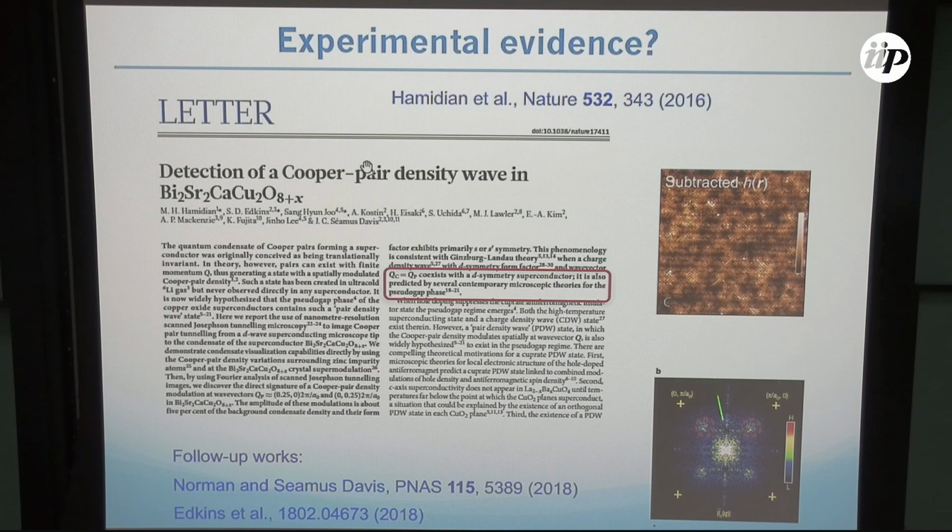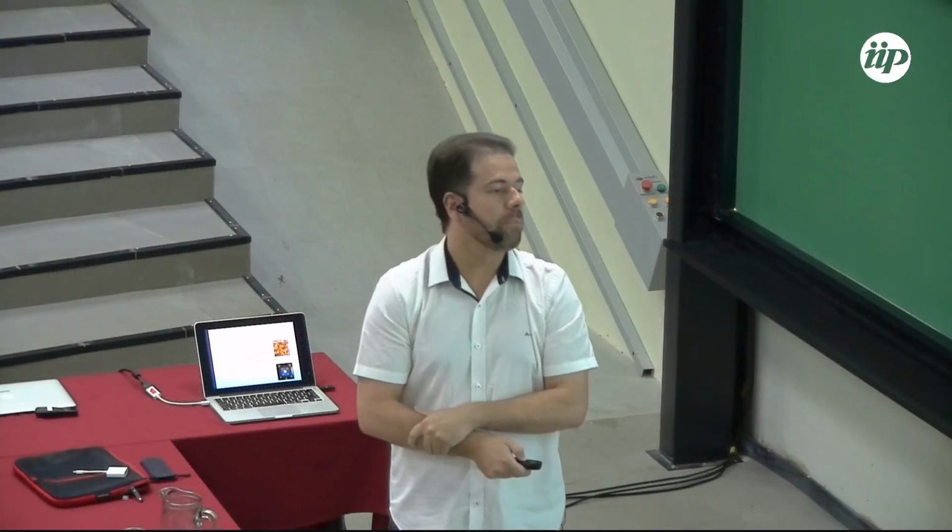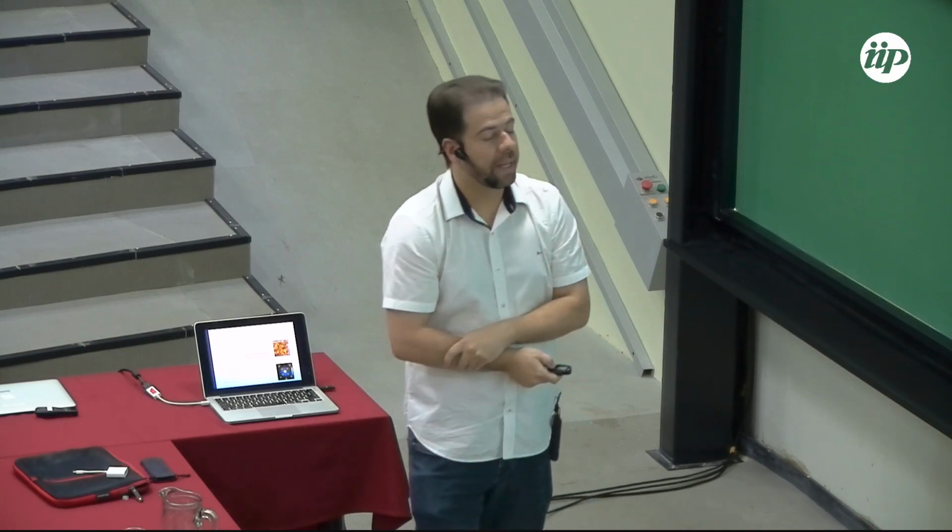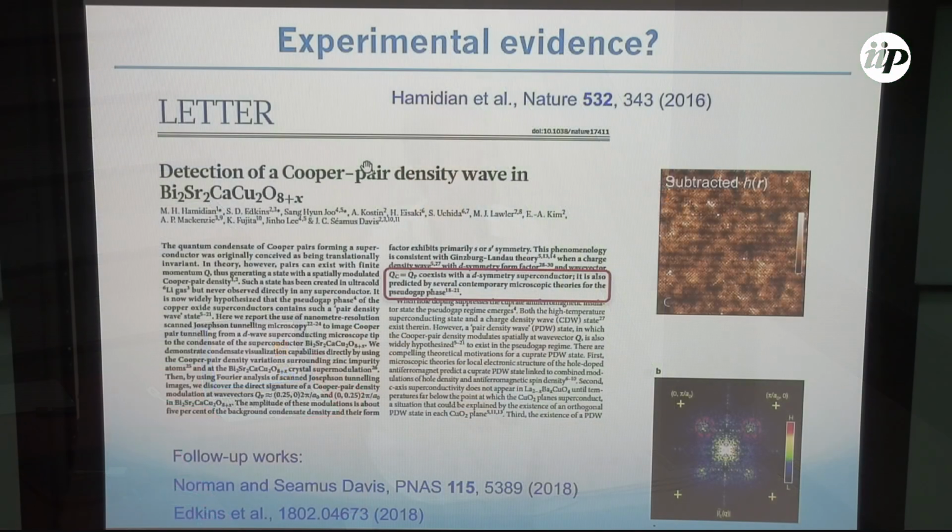And by Fourier transforming this, they managed to show that the modulation of the Cooper pair density is given by the wave vectors exactly associated with the hotspots. So this is a bidirectional pair density wave. So this confirms, in a sense, a prediction of the so-called SU2 pseudospin symmetric theory.